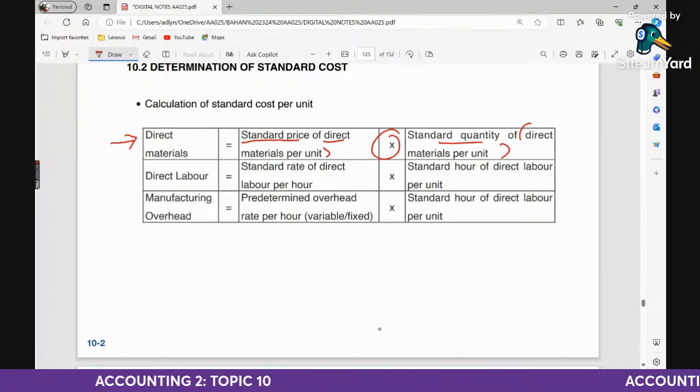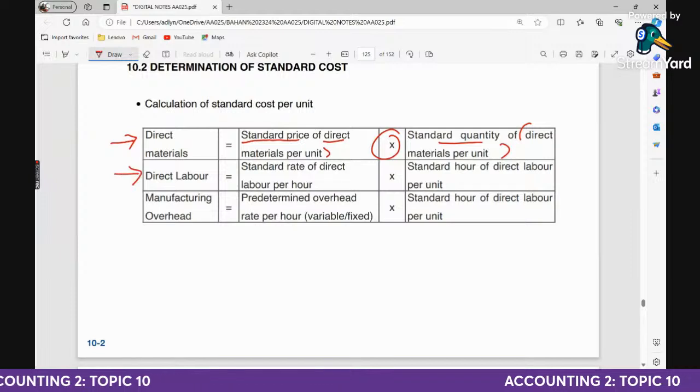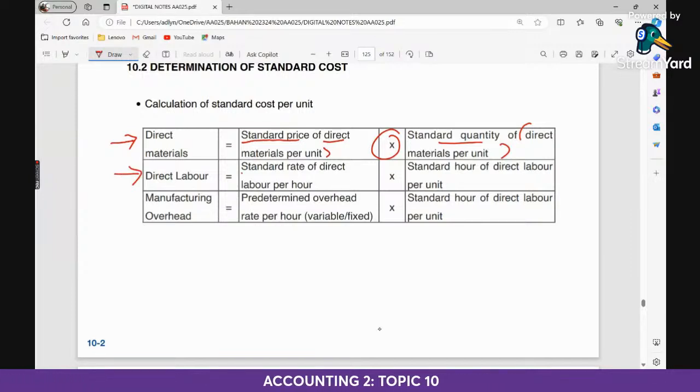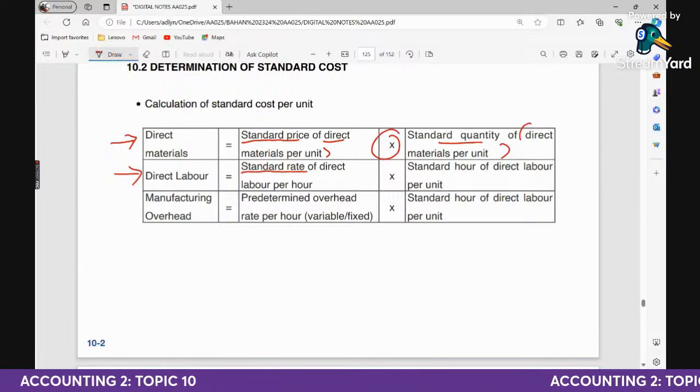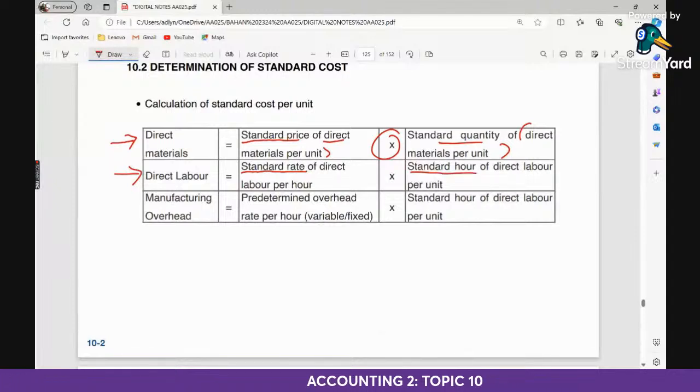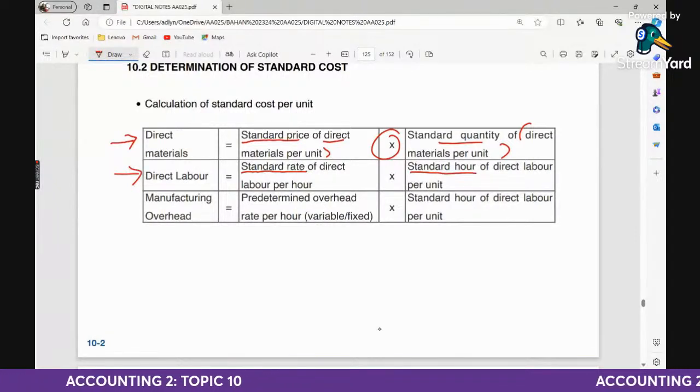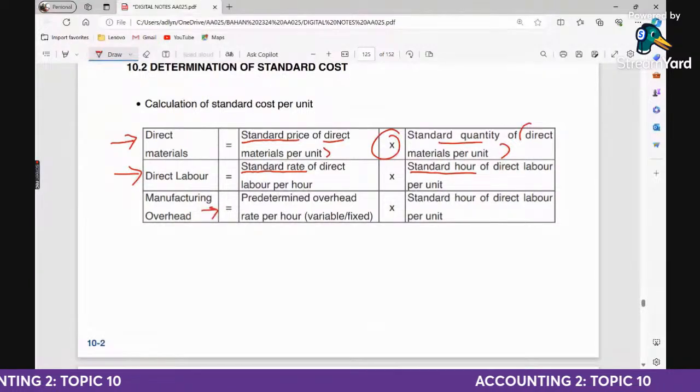Okay, as for direct labor, okay, macam mana kita nak dapatkan standard cost per unit? Kita akan ambil standard rate untuk direct labor per hour. Okay, kita akan darabkan dengan standard hour of direct labor per unit. Okay, and whereas for manufacturing overhead, the calculation will be done separately.